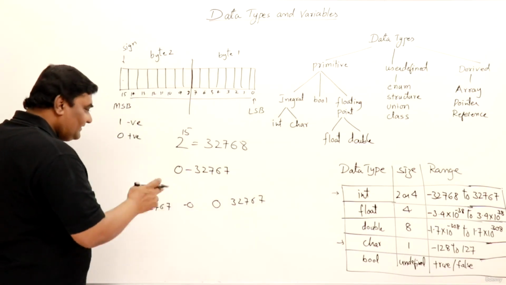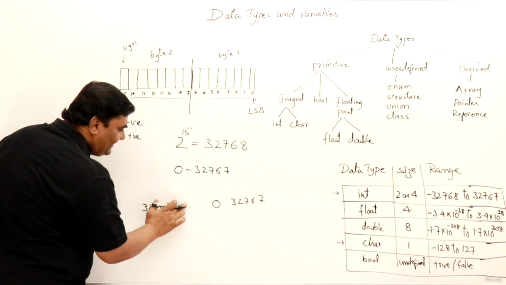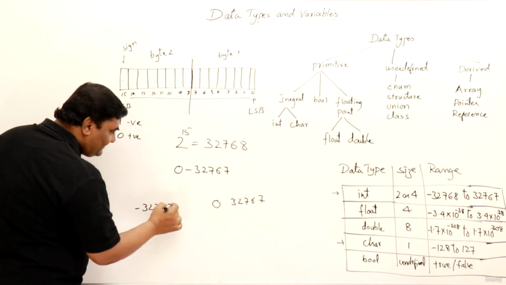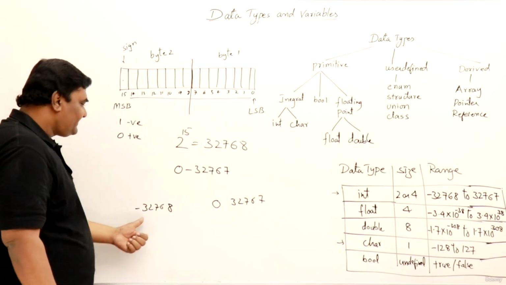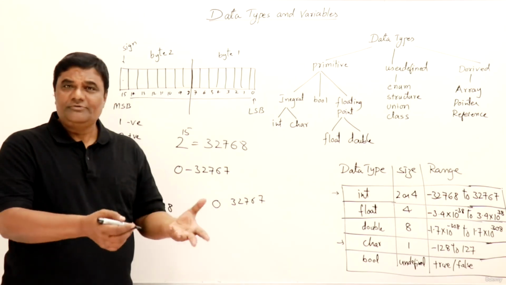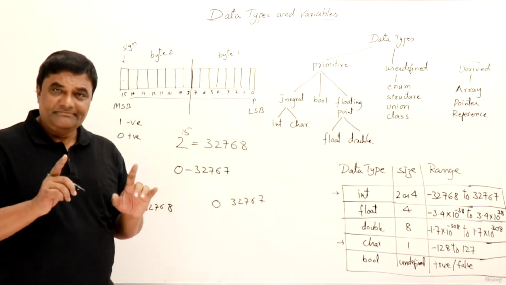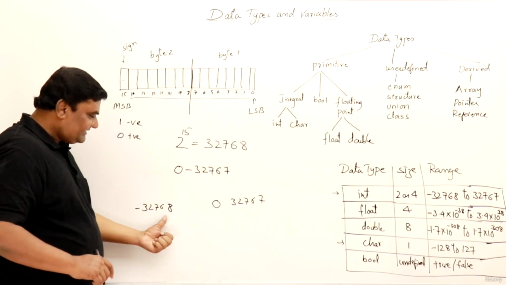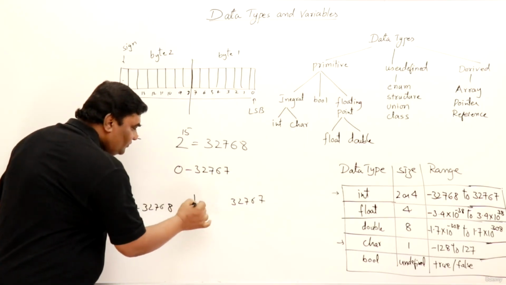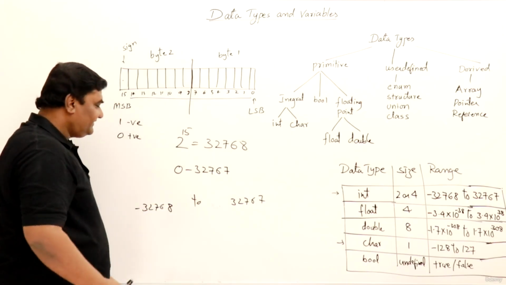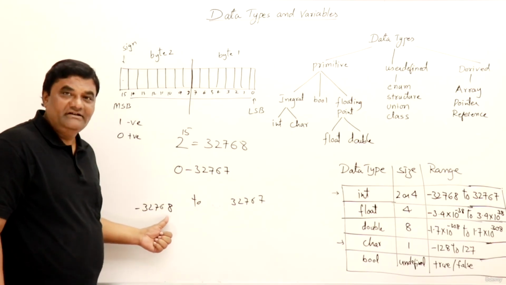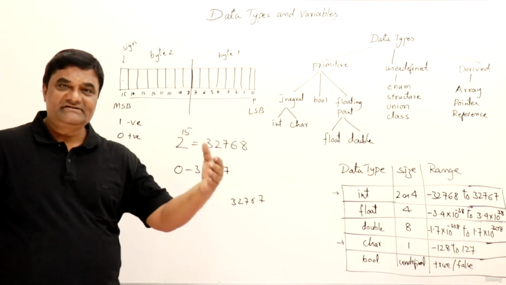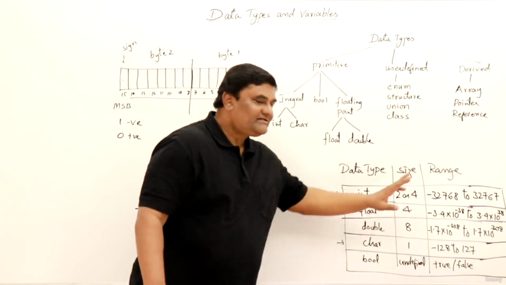So that negative 0 is taken as -32768. It happens automatically in binary number form. If the number is negative and largest, then it will be -32768 to 32767. That is the reason we have one number extra here, because that -0 is taken as -32768. That's how it is getting this range.